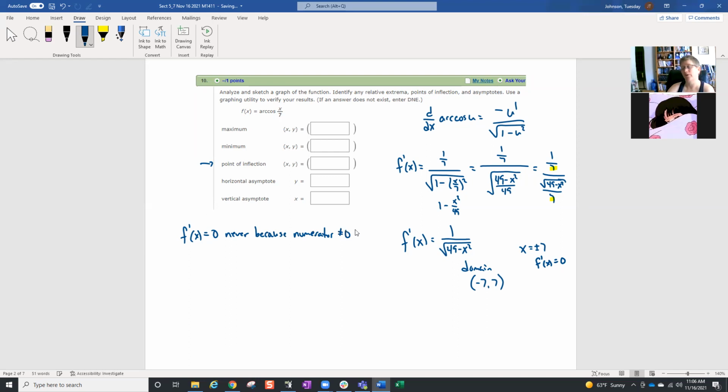If there's no variable in the numerator, that function, that fraction, that rational expression, that's never going to be 0. So minimums, maximums is not going to have one of them, it seems. Points of inflection, we're looking at second derivative. We're going to keep an eye on that.